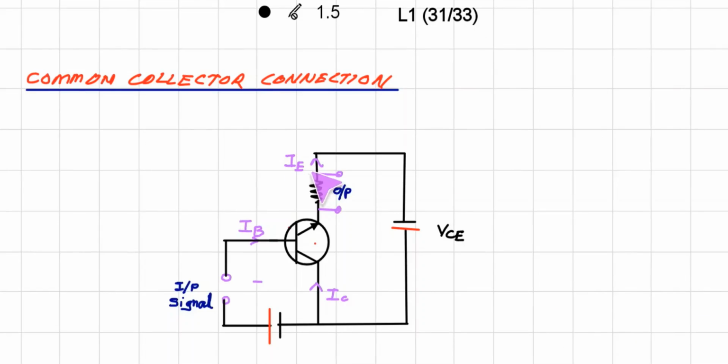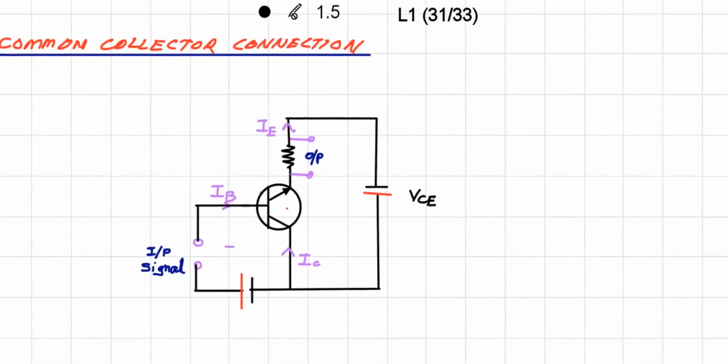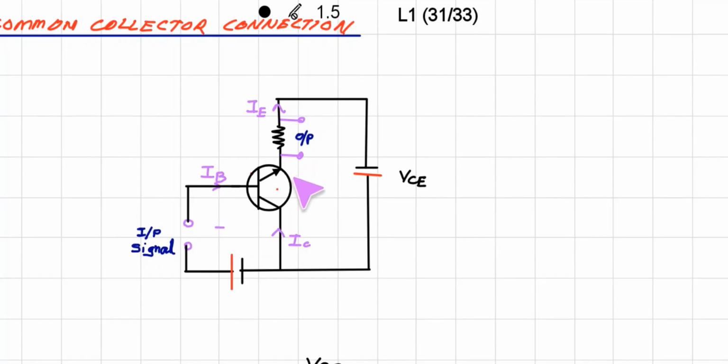Let us look at common collector connection. In this figure, this is base, this is emitter, and this is collector. So we are talking about common collector connection.